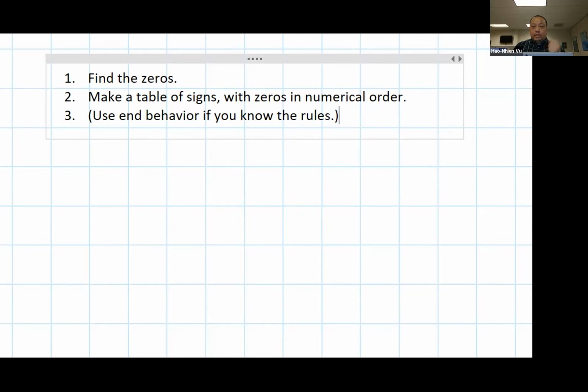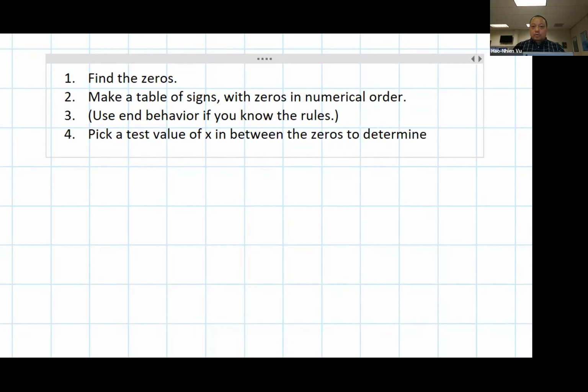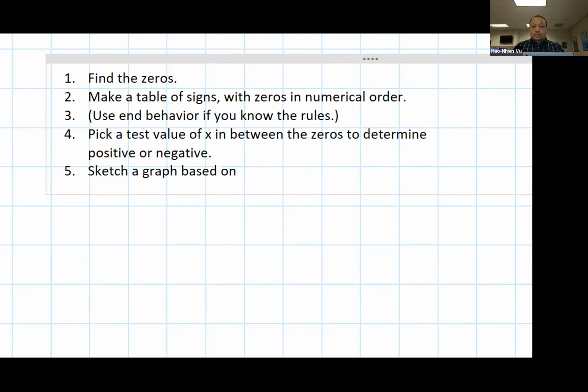As I mentioned before, I will be putting the link to a video on the end behavior in the description box. Number 4, pick a test value of x in between the zeros to determine positive or negative. And number 5, sketch the graph based on that info.